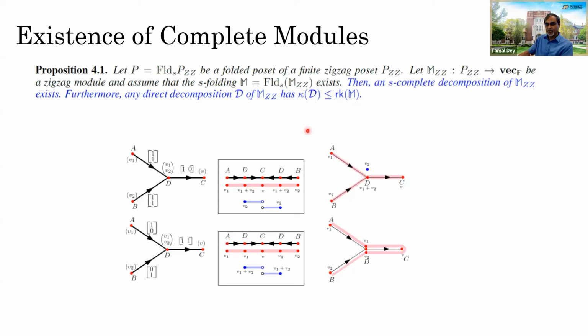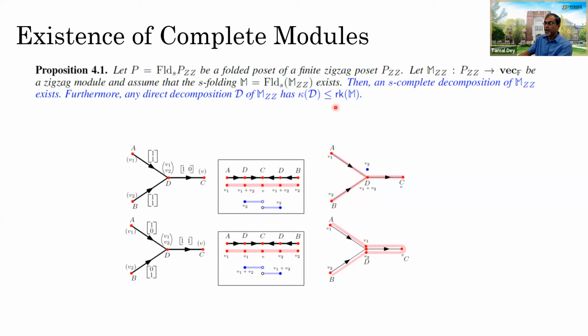Furthermore, any decomposition D of the zigzag module, which is the unfolded module from M, satisfies the following property: the number of S complete modules in the decomposition D is always less than or equal to the rank of the original module. And this follows almost from the definition.